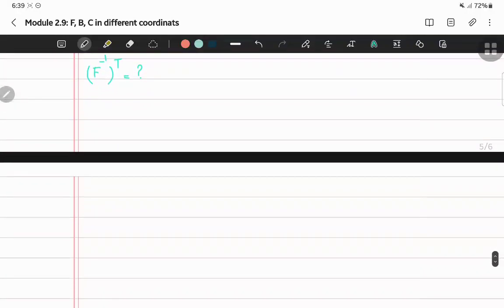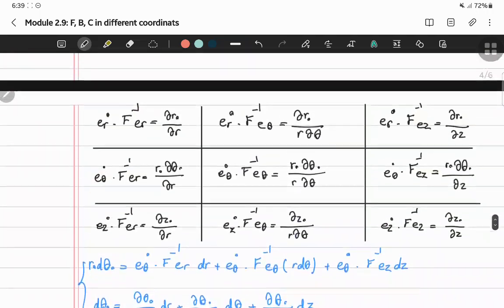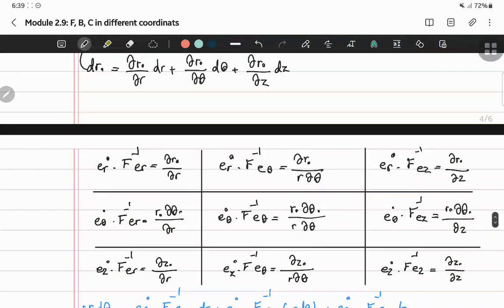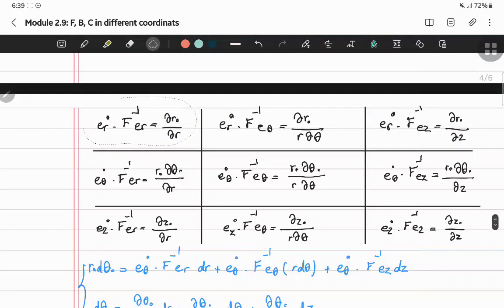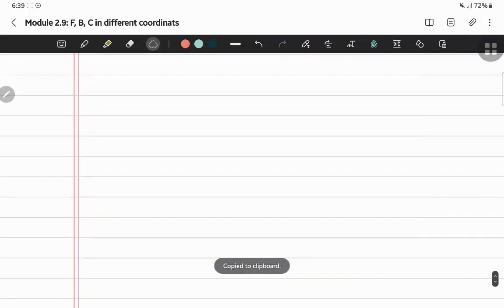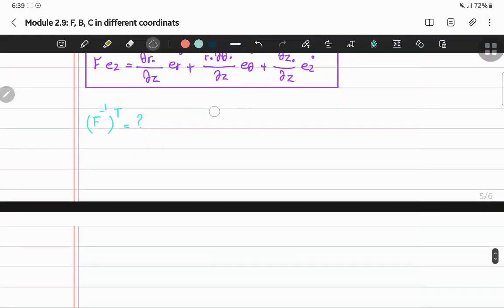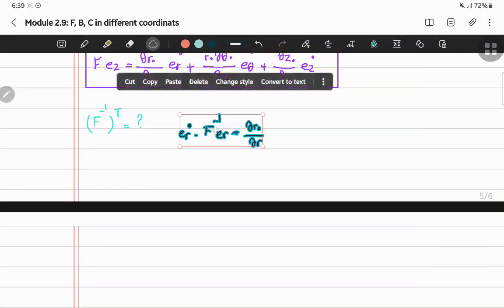So if I have, for example, this component here, ER0 dot F inverse ER, this one in here. So it's better to just copy this one and paste it here.